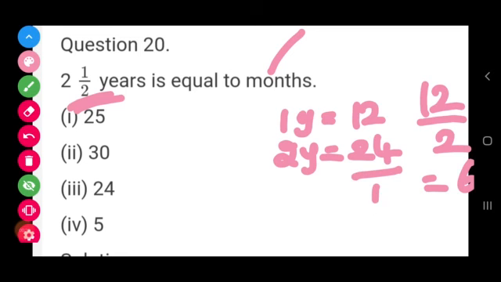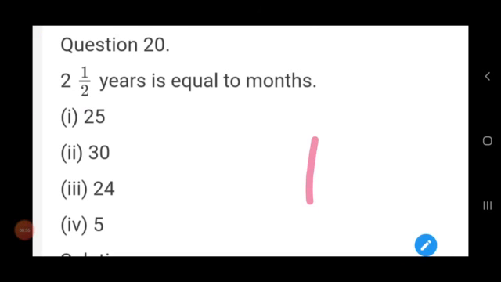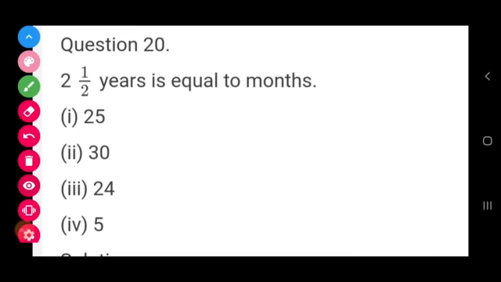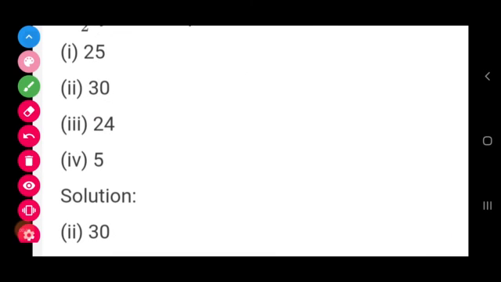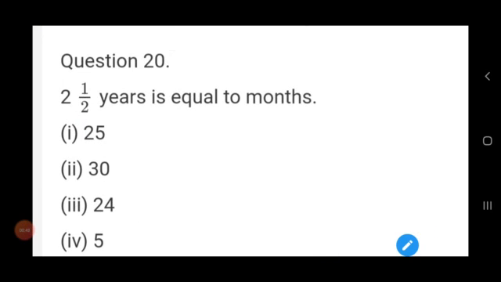So 2 years, 24 plus 6, it will be 30 months. 2.5 years is equal to 30 months. Clear? So the answer is 30. Option 2 is the answer.